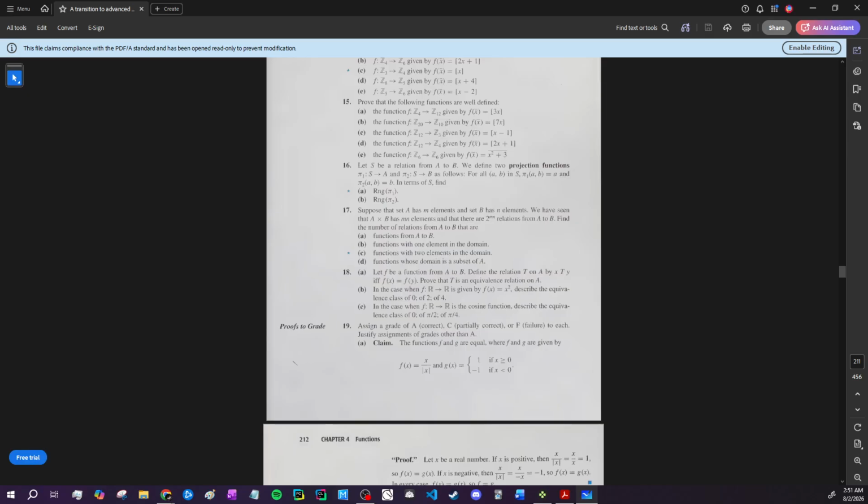So find the range of pi 1, find the range of pi 2. So that's the range, okay?